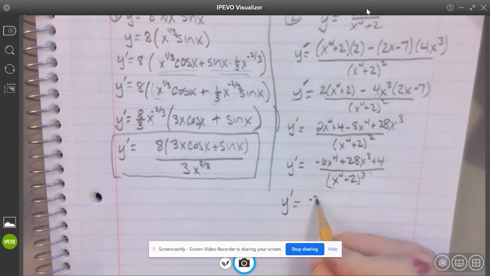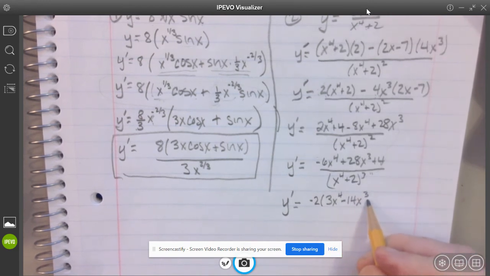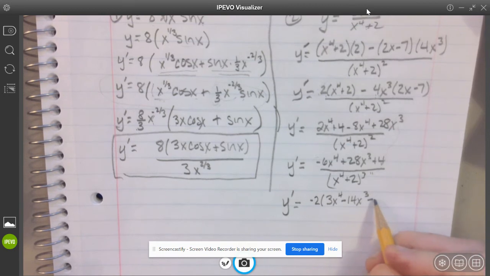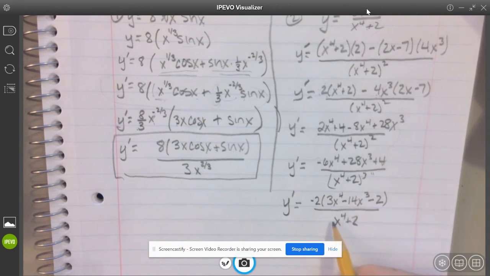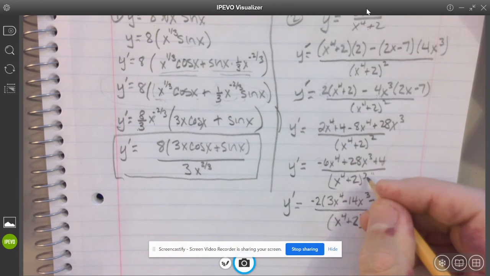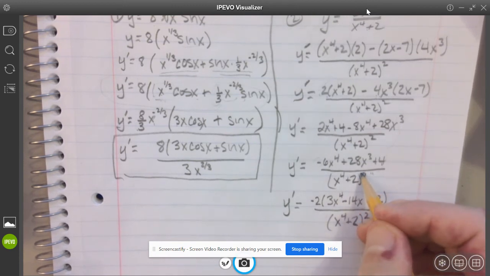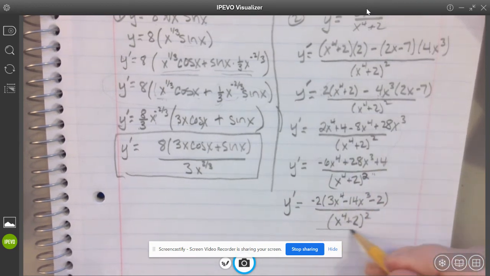So factor out negative 2 from the top. That would give us 3x to the 4th minus 14x cubed minus 2 all over x to the 4th plus 2 quantity squared. Looks like I made this a 3 somehow. That's a square. That's completely factored.